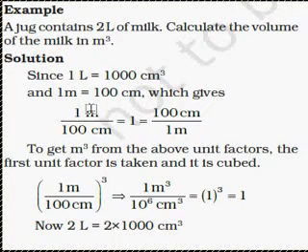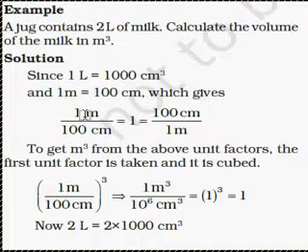Step number 2, you know this is a unit factor. 1 meter is equal to 100 centimeter. So the unit factor will be 1 meter upon 100 centimeter is equal to 1, is equal to 100 centimeter upon 1 meter. Now we need cube, that is meter cube. So here to get meter cube from the above unit factors, the first unit factor is taken and then it is cubed.